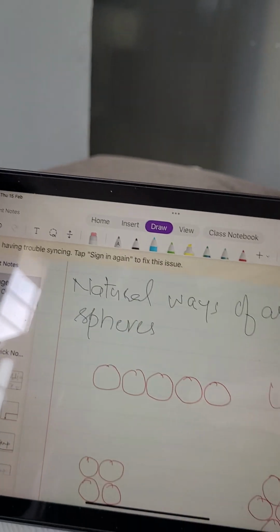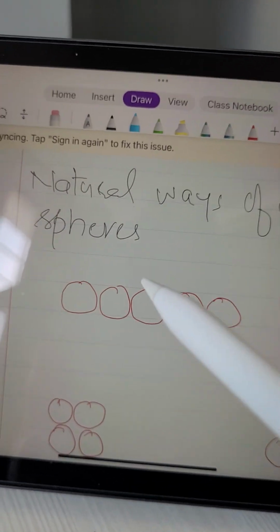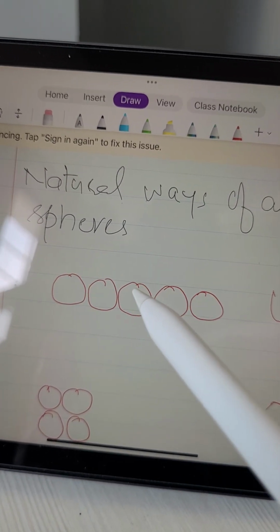Now see, what is the natural way of arranging spheres? When we arrange spheres in close packing in 3 dimensions or 2 dimensions, what could be the ways? The first packing is one dimensional, that is linear packing. In one dimension there is only one way: one sphere, another sphere, another sphere.